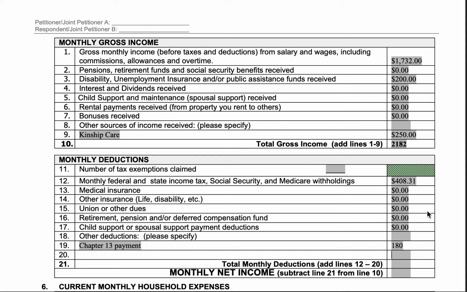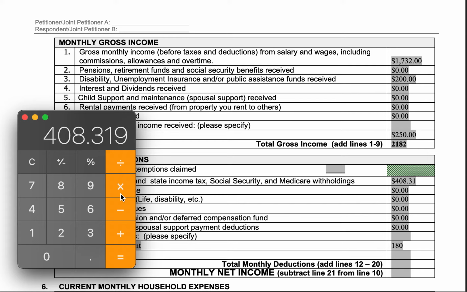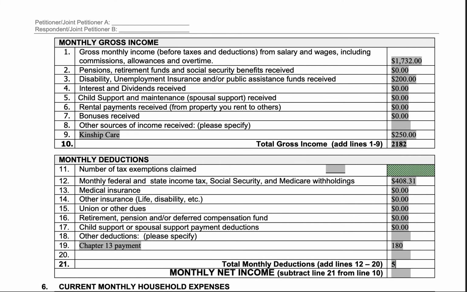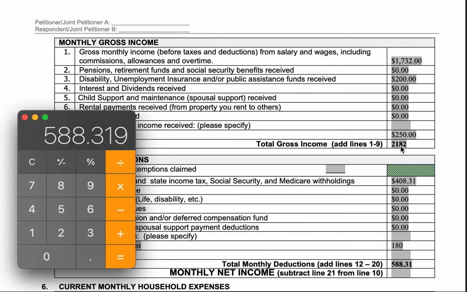So once you've got all of those numbers, you're going to add them up. So here we're going to take John's two numbers, his 408.31 and his 180. And we're going to write that total, that 588.31, on this line. And then you're going to take the total from the gross income line here, 2182, minus the total from the monthly deductions line there, 588.31.